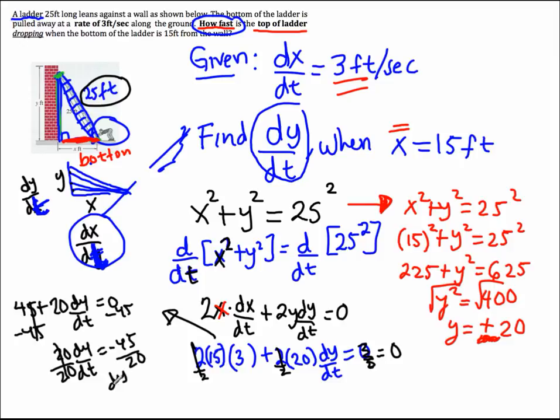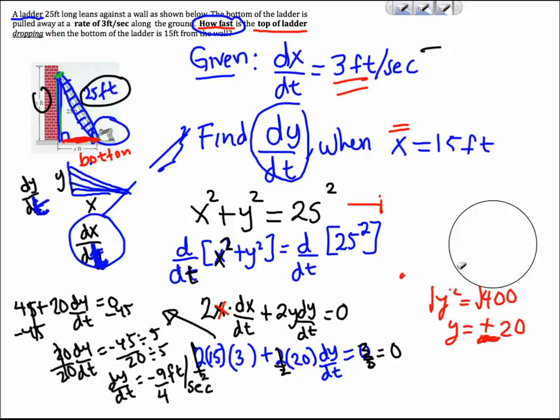I know that dy/dt, dividing by 5, gives you negative 9 over 4. Since I'm talking about y in feet, y is right here in feet, per time. What's the time? Seconds. So that's what you have.